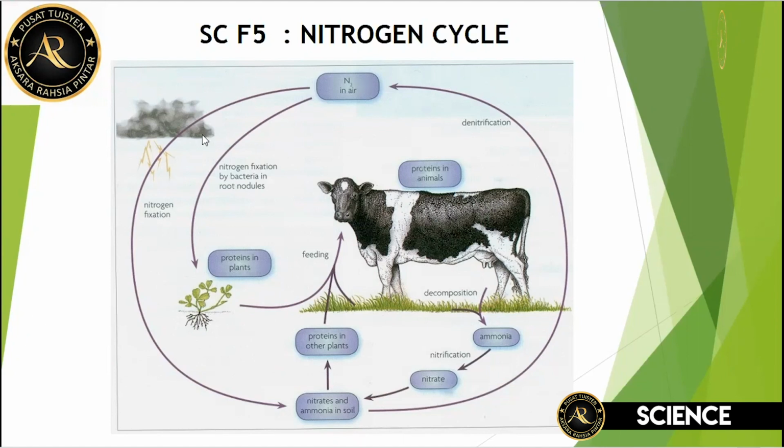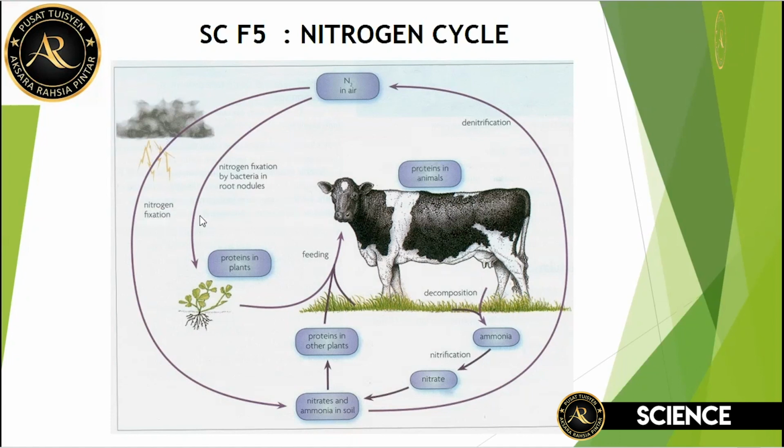Now, apart from bacteria, they also get nitrates from a natural phenomenon, which is lightning. Sometimes due to lightning, nitrogen will be converted into nitrate. So that's the natural phenomenon over there.